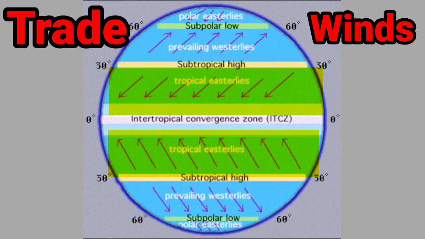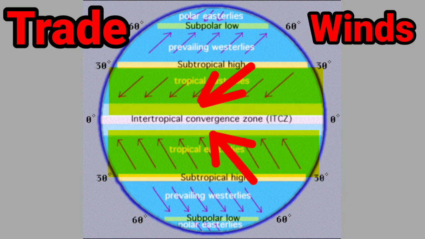In the northern hemisphere, the trade winds blow from the northeast and are known as the northeast trade winds. In the southern hemisphere, they blow from the southeast and are known as the southeast trade winds.